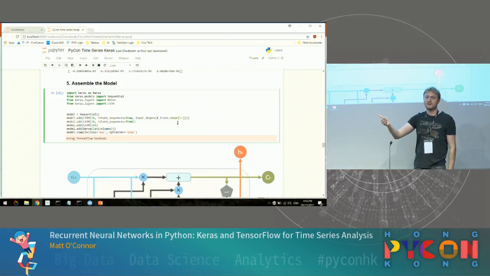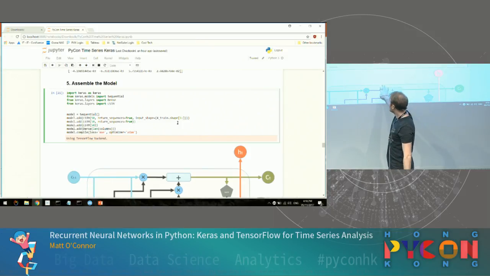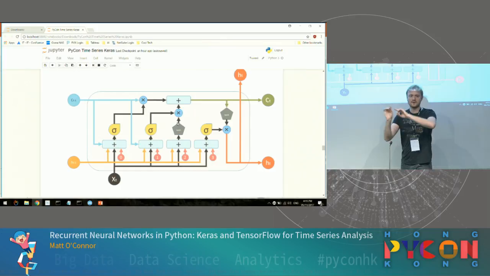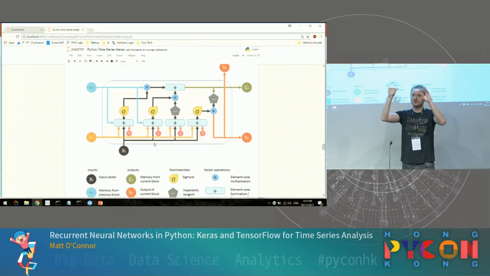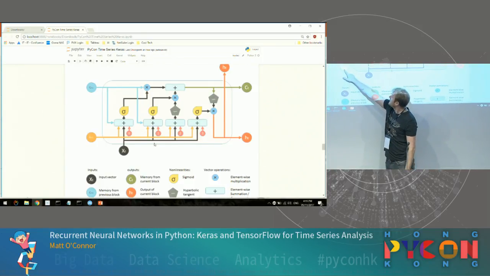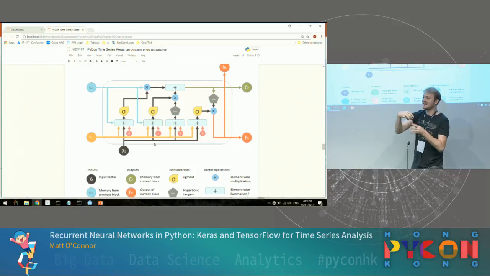LSTM is a little bit more fancy. Long short-term memory. It is a subset of a recurrent neural network. There are multiple different types of recurrent neural networks. LSTM is a subset of that. If we look at this diagram really quick, rather than only using the previous layer to predict the next layer, we're also using nodes within the same layer. So it's taking in the data point from one time ago and also the memory from the same time.